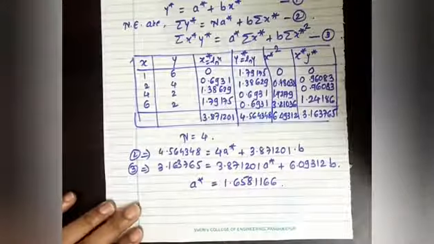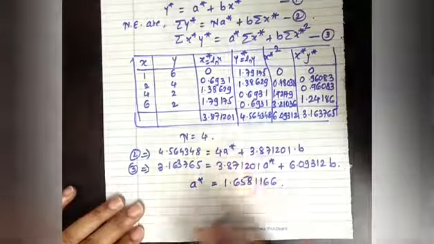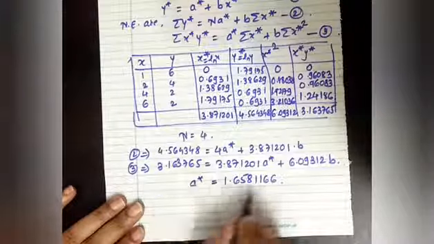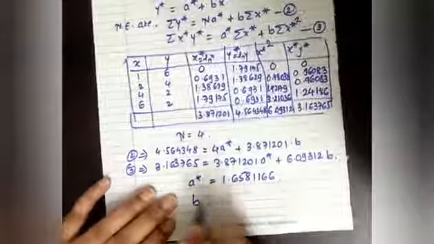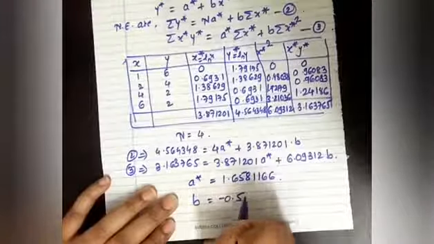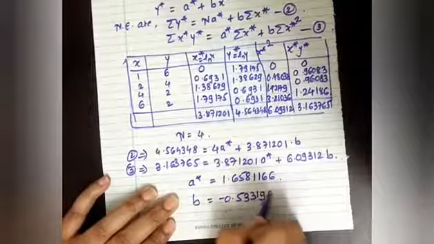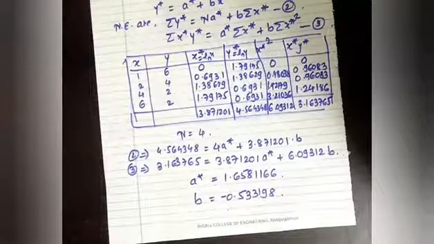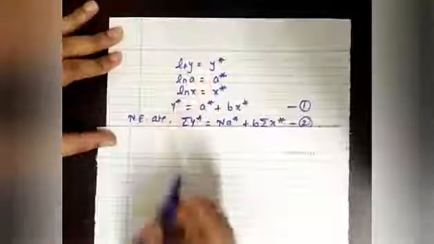Solving these two equations simultaneously, we'll get a star is equal to 1.658116, and b is minus 0.533198. But we are interested in a, and we have got a star, but we know a star is nothing but ln a.